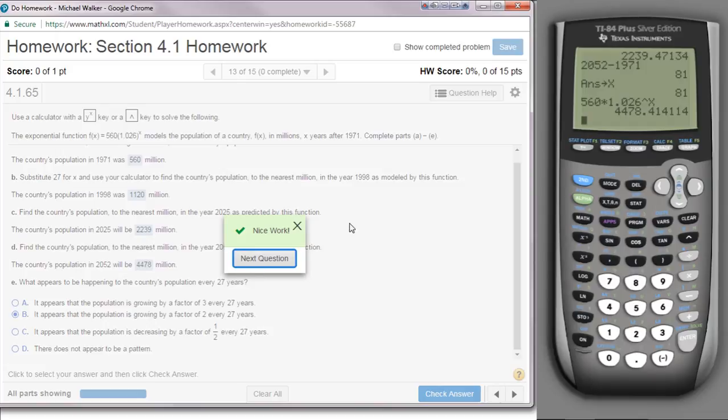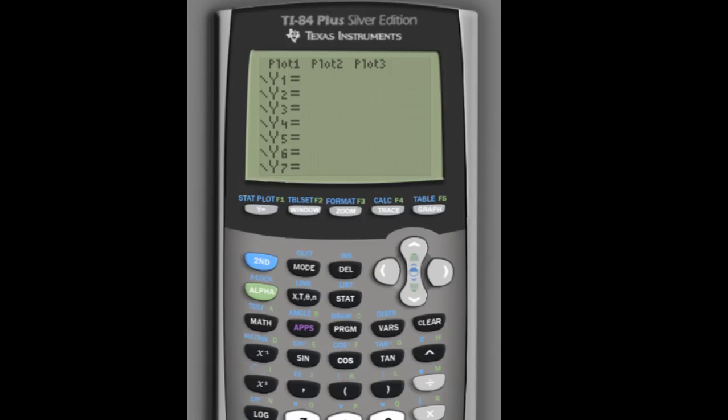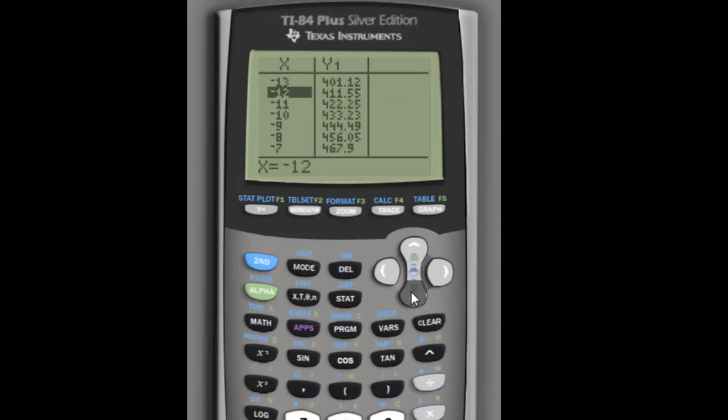Now there's one other thing I wanted to show you with this calculator. I'm going to graph that function as 560 times 1.026 to the x. That's what we were doing, right? Then I'm going to hit the table. Now I've got all of these values that I was having to enter listed in a table.